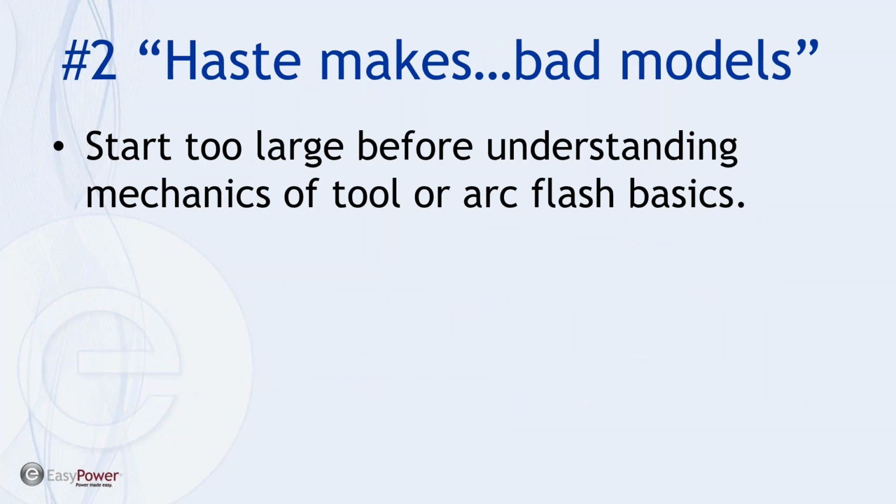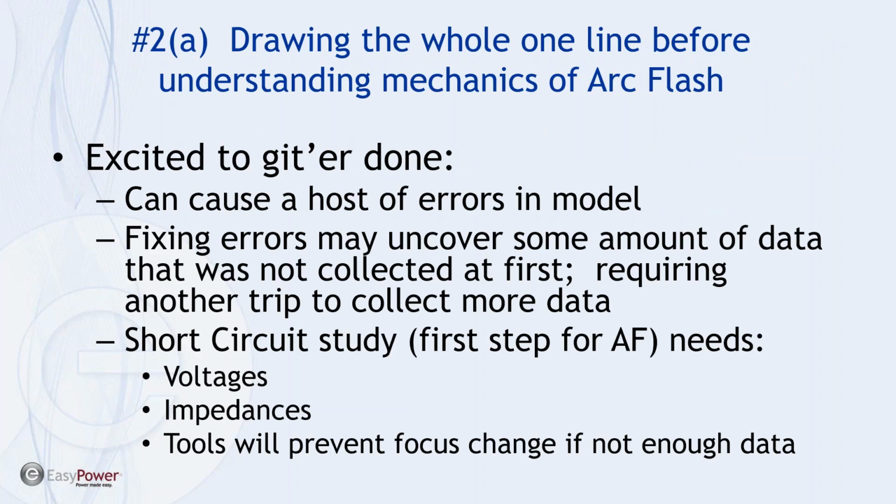So mistake number 2, haste makes waste and frankly bad models. I think there's an intention or enthusiasm to start too large once they start the process of drawing the one line, to draw it all at one time and then deal with the consequences.